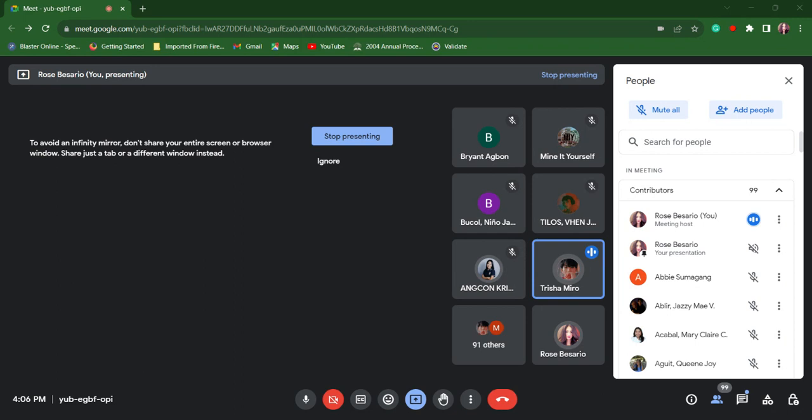Then we'll proceed to the third question. What was the amount of total liability shown on the 2023 balance sheet? Total liabilities to be shown in the 2023 balance sheet.